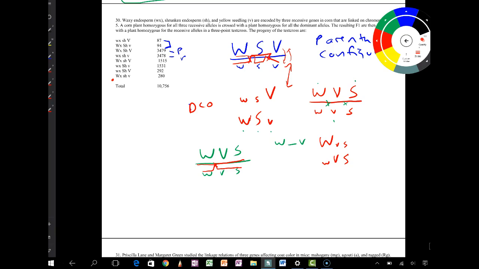So it's got little s, little v, big W, and then the ones that are similar in number always go together. So we're talking 292 plus 280 plus the double crossovers have to always go in there.